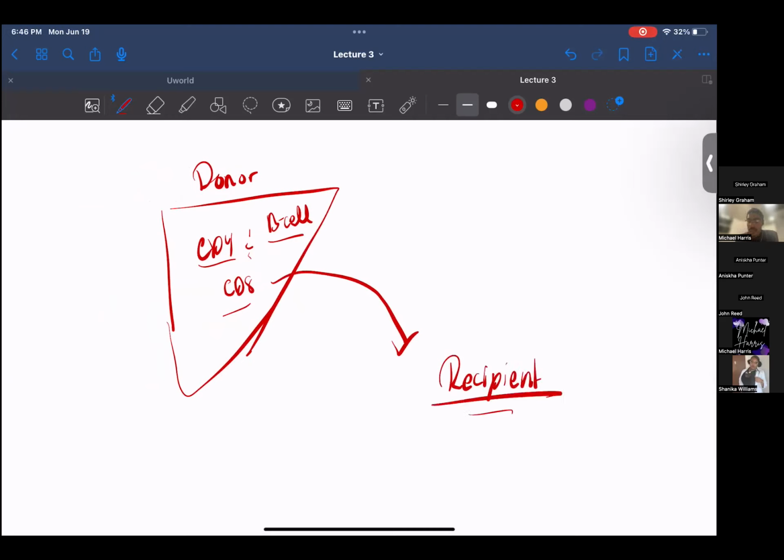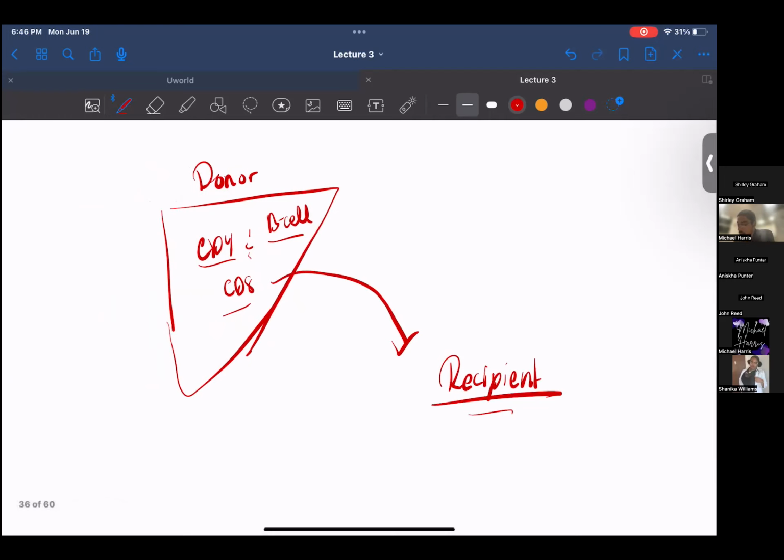Now, as a result, some of these guys stay and you still get them inside the recipient. You can wash it out as much as you want. No matter what, you're still going to have some of these CD4, some of these immune cells still popping up in the recipient.